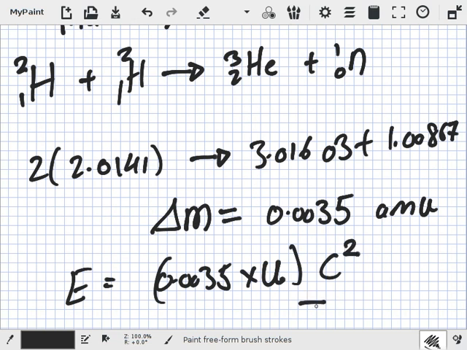Okay, so what do you get here? 5.22 times 10 to the power -6. But the mass in AMU is always also means joule.